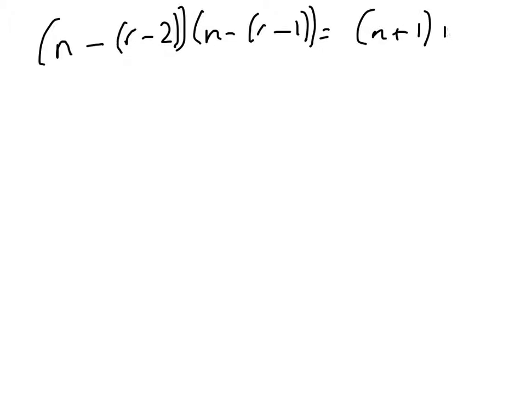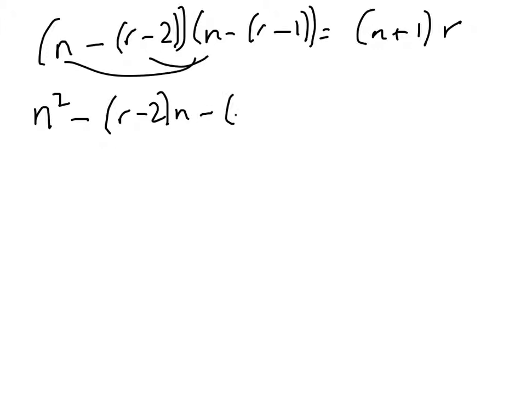So we've got n minus r minus 2 times n minus r minus 1 equals n plus 1 times r. So n squared minus r minus 2n minus r minus 1 n plus r minus 2 times r minus 1 is equal to nr plus r.